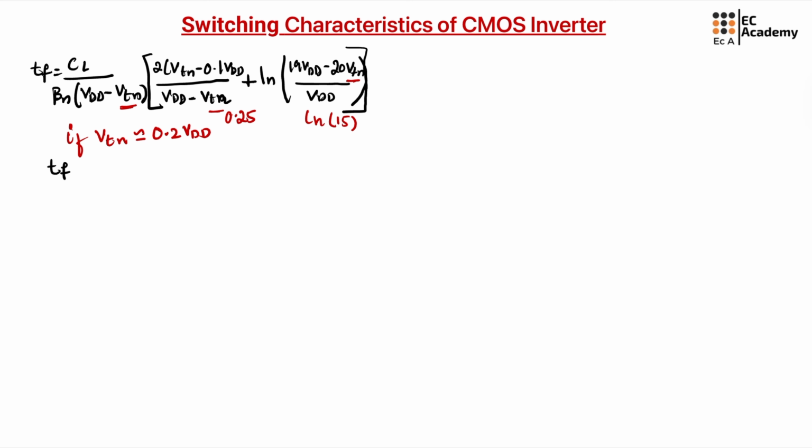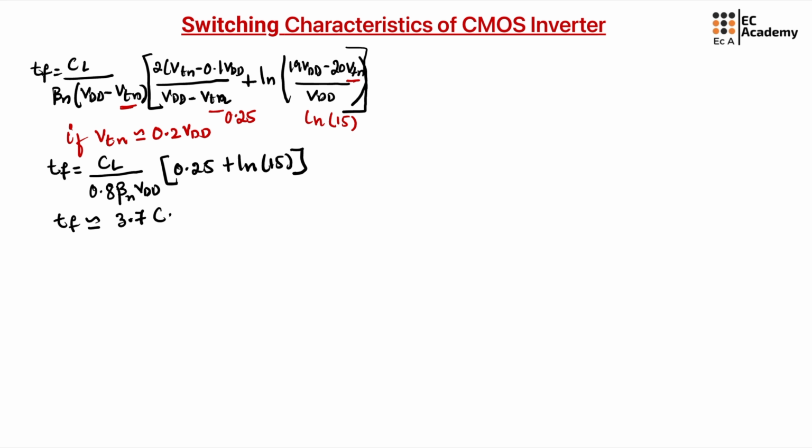Therefore TF can be written as CL divided by 0.8 beta n VDD multiplied with (0.25 plus ln 15).